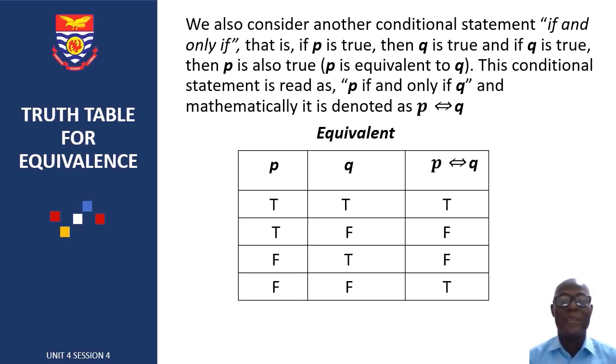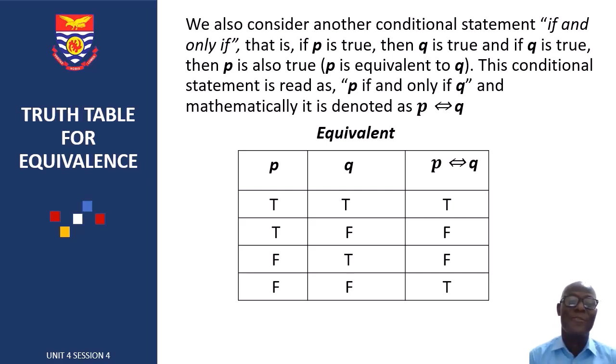If P is false and Q is true, then P implies Q is true. However, its converse, Q implies P, will be false because the first statement will be true and the second statement false. Hence, the equivalence is false.